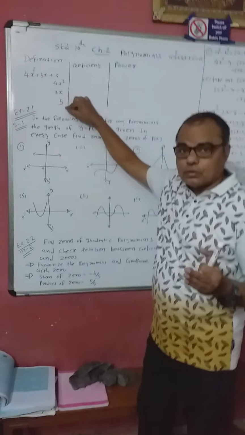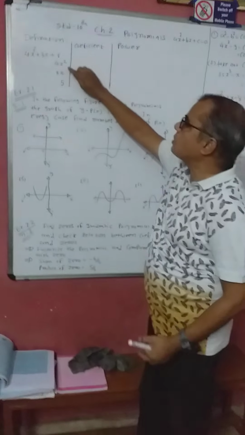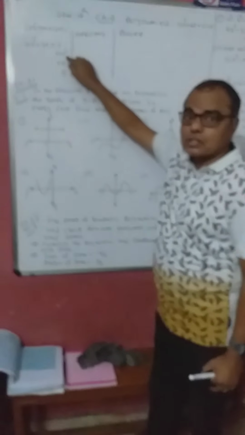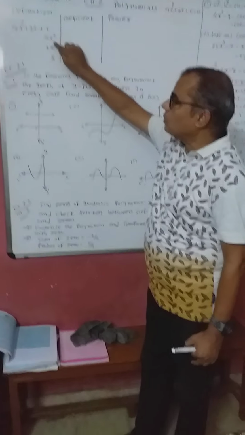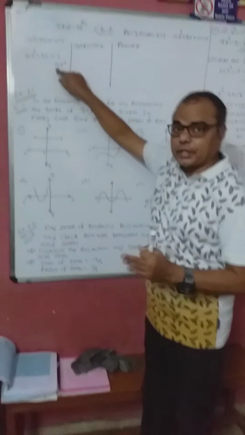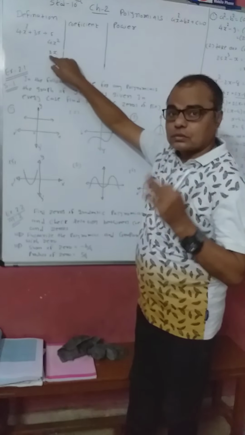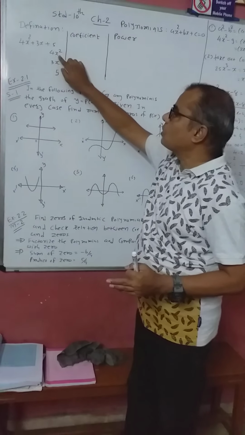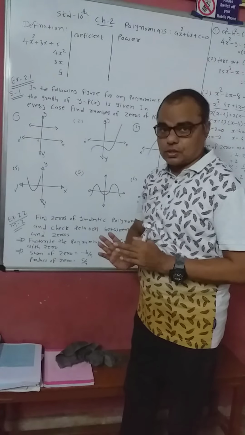If you are asked what is the coefficient, coefficient means the number which is a multiple of the variable. Beside x square is 4. The 4 is the coefficient, right? x has a coefficient 3. It means whatever the number before the variable is known as coefficient.